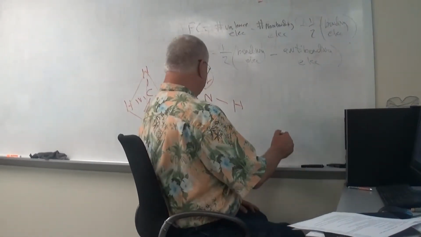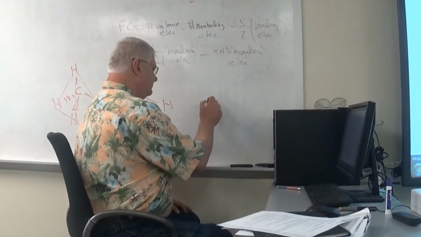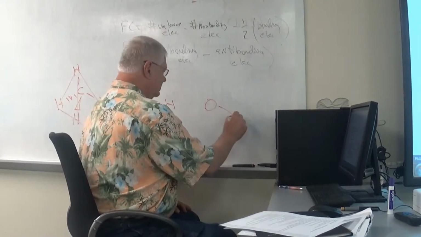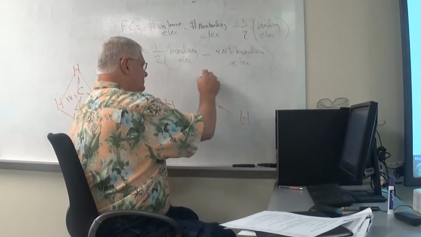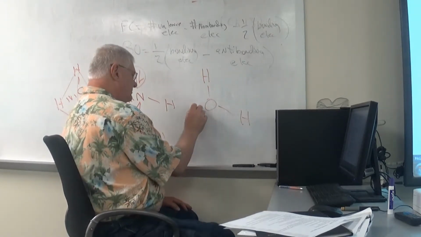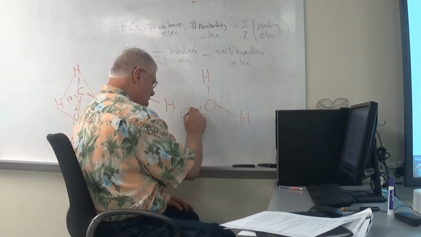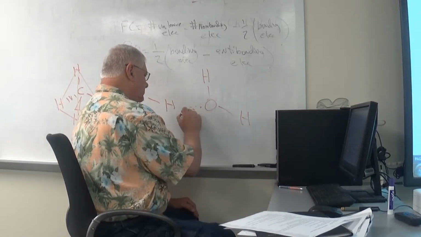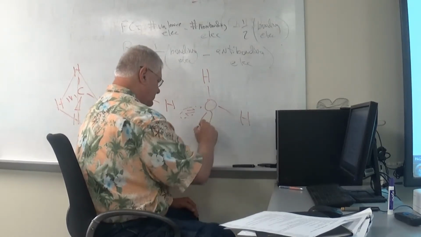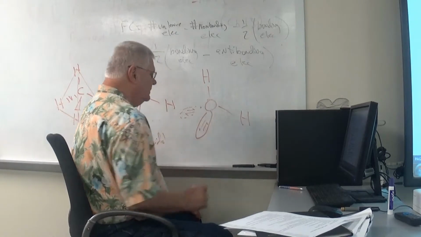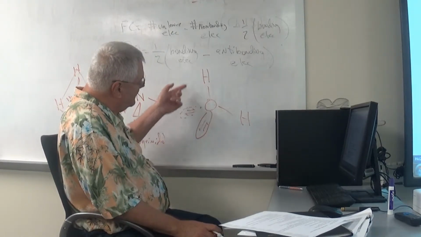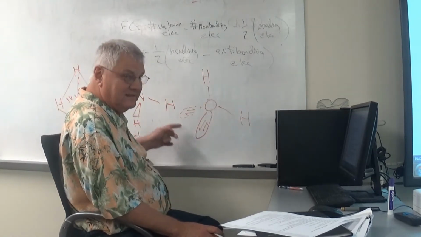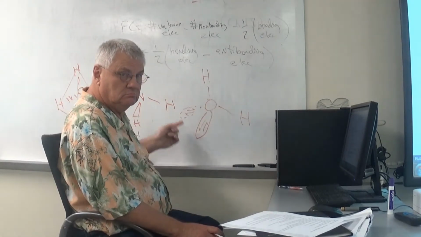The molecular geometry of water: you have a hydrogen here, and I'll put the other hydrogen here, and then I'll put a pair of electrons back here, and a pair of electrons here. For water, if you look at the non-bonded pairs and the hydrogens, again you have the tetrahedron, don't you?